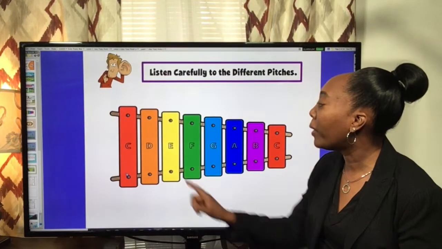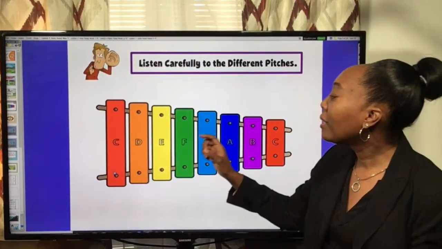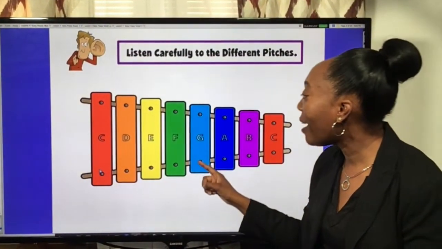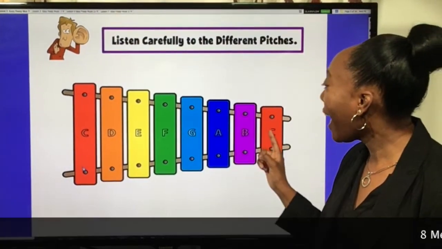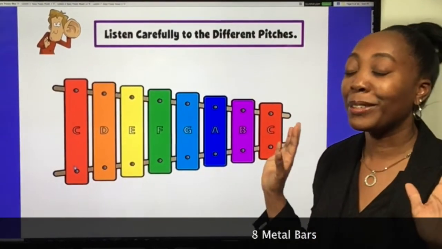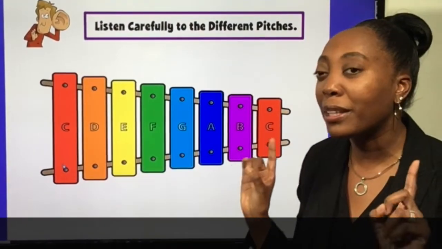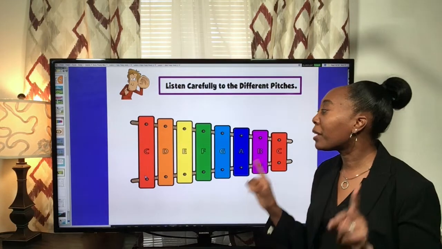So help me count. 1, 2, 3, 4, 5, 6, 7, 8. Wow. Okay, so now we know we have 8 metal bars, but there's something else that we're noticing. Yes, we have some colors.